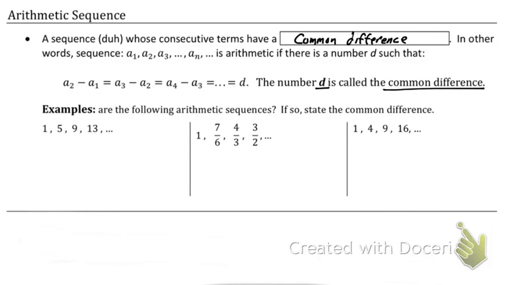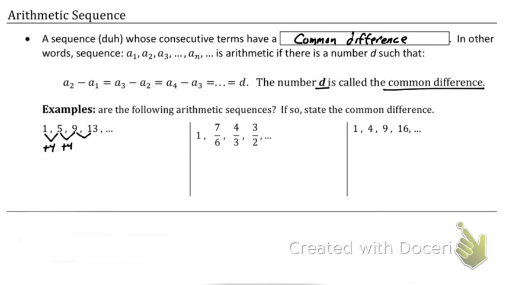All right, so some examples. I'm just asking you, are the following arithmetic sequences? If so, we're supposed to state the common difference. So when we're given these numbers, I got 1, 5, 9, 13. To look for arithmetic, I'm just looking, is there a number I can add all the way throughout or subtract all the way out? Yeah, 4. Because to get from 1 to 5, I just add 4. To get from 5 to 9, I add 4.